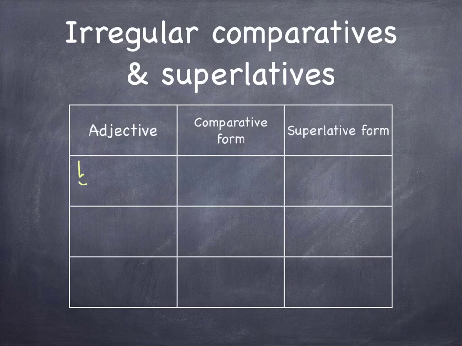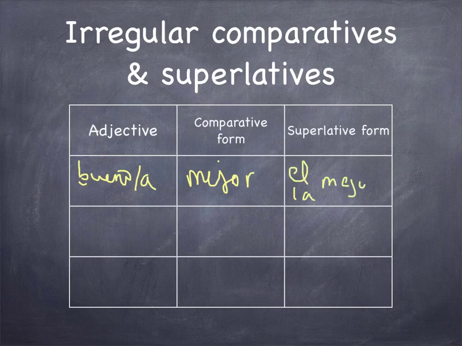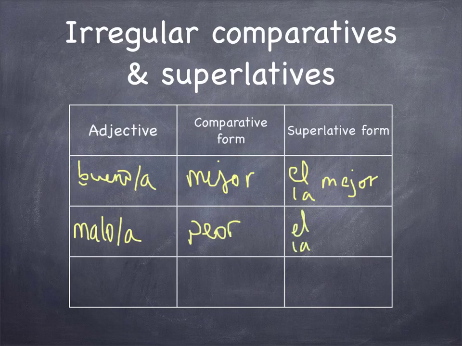So if our adjective is bueno or buena, which means good, the comparative form is mejor, better, and the superlative form would be el, la mejor, which means best. So malo, mala, comparative form peor, worse, and then superlative is el, la peor, which means the worst.